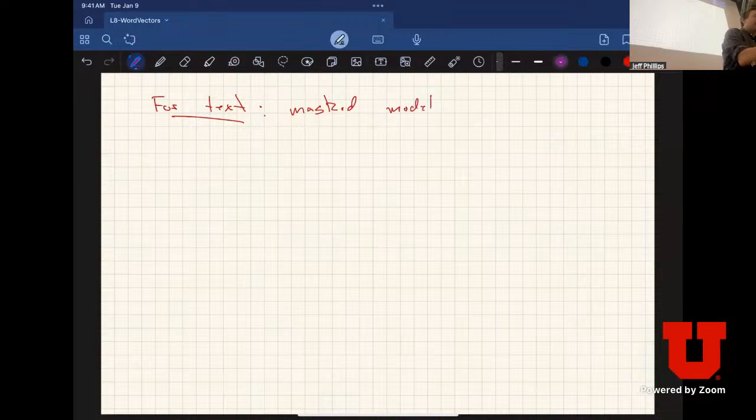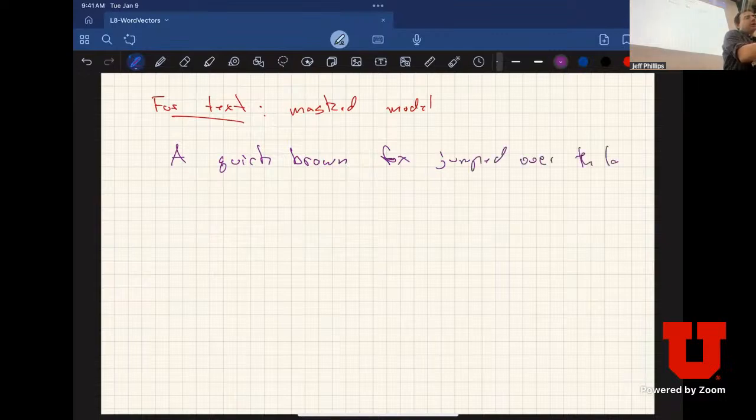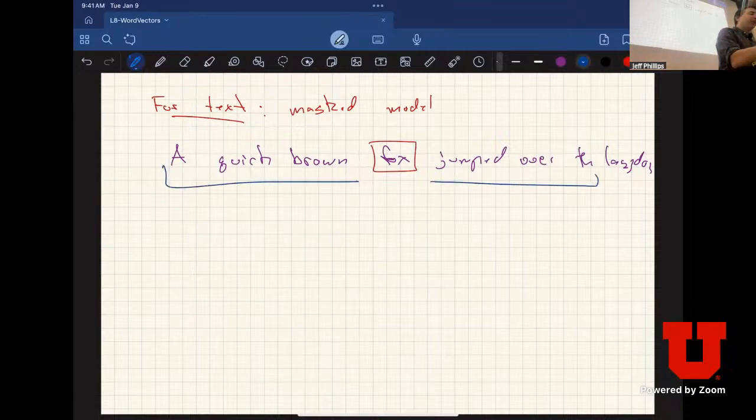Okay, we'll go back to our sentence. Quick brown fox jumped over the lazy dog. Okay, and so what does the masked model do? Well, it would say, let's look at the context of the word fox, but not give it the word fox.